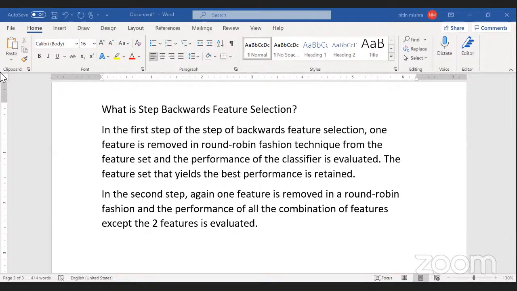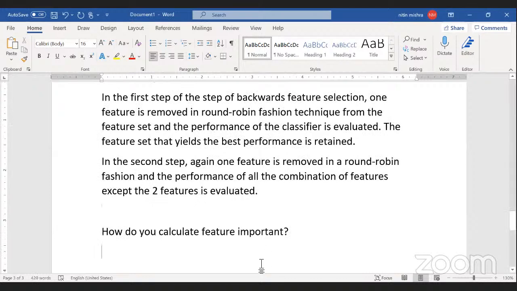Now there is a method, or what is the criteria? All right, what is the criteria for feature importance? So there is something called as the node impurity.